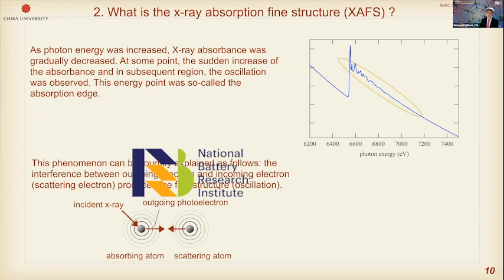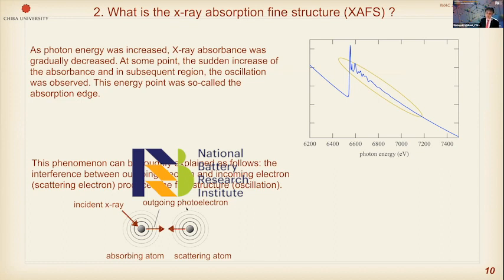This phenomenon can be roughly explained as the interference between the outgoing electron and the incoming electron, where it has come from. Adjacent or near-neighboring scattering atoms can scatter the outgoing photoelectron backwards. Then the incoming electron and outgoing electron both have a wave, so they easily interfere with each other.